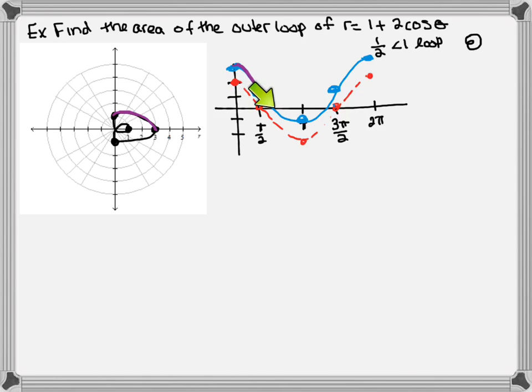From pi over 2 to this 0 that I need to find, that is going to be from here to 0, 0. From this 0 to pi is going to be this part of the graph.